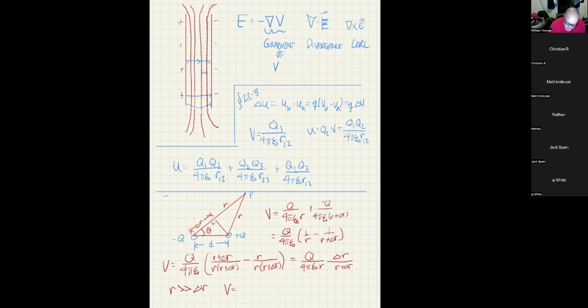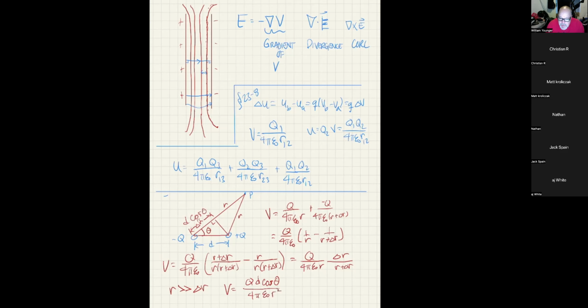So I can say Q times D times cosine theta, because that's what delta R is. So that gives me my Q and my delta R, and then R plus delta R is essentially just R, since R is so much bigger than it. So it's going to be over 4 pi epsilon naught R squared.